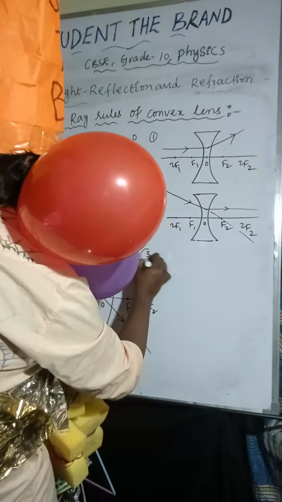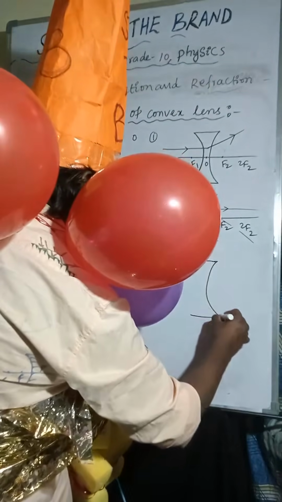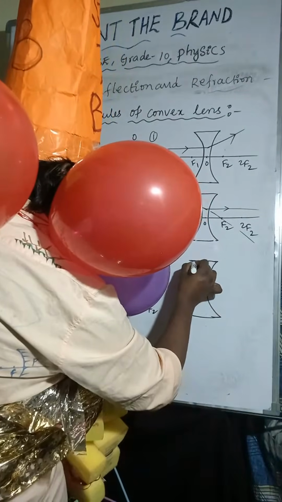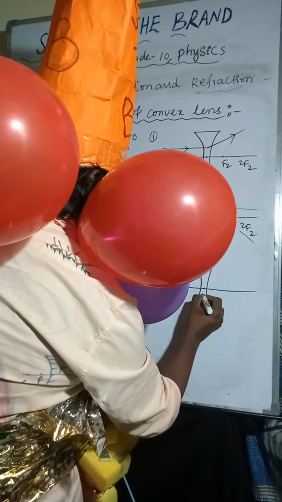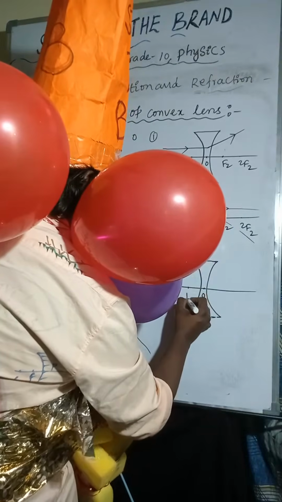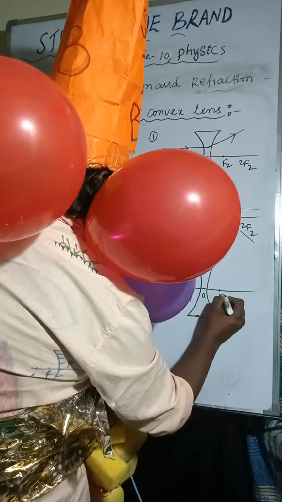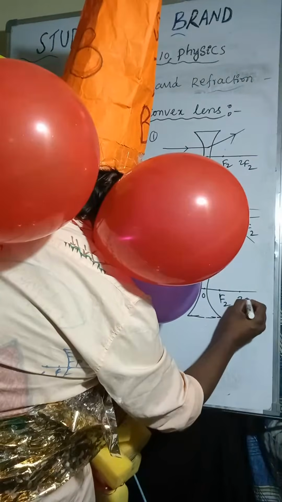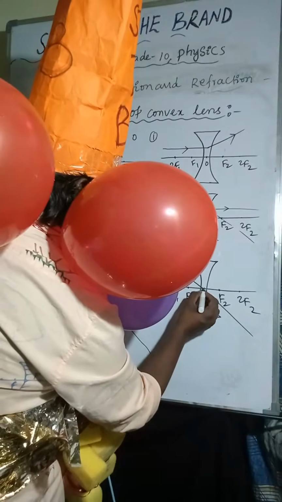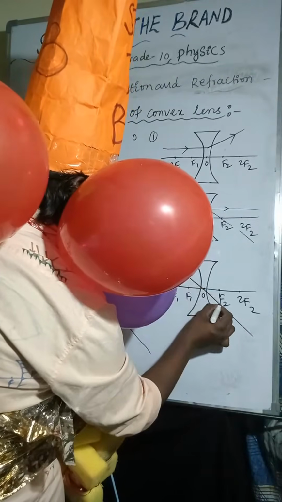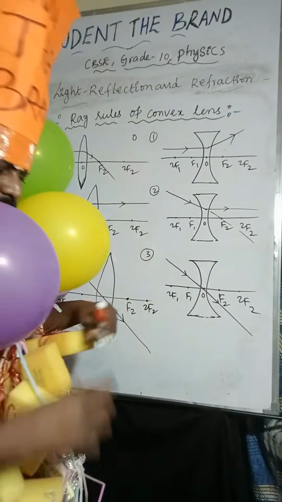Okay, third one. Optic center, F1, 2F1, F2, 2F2. Then light ray is passing through optic center. So no deviation takes place.